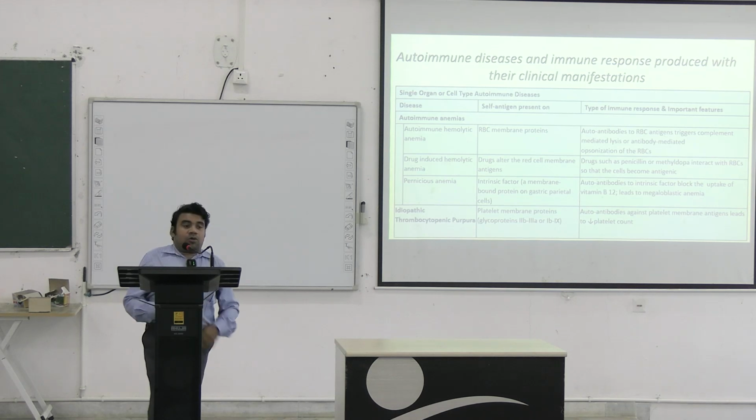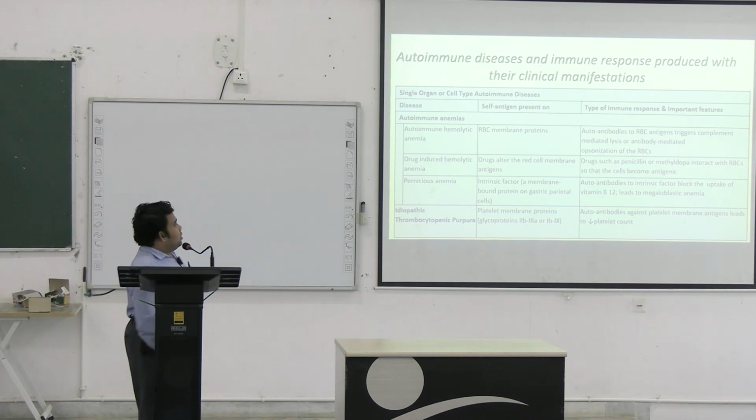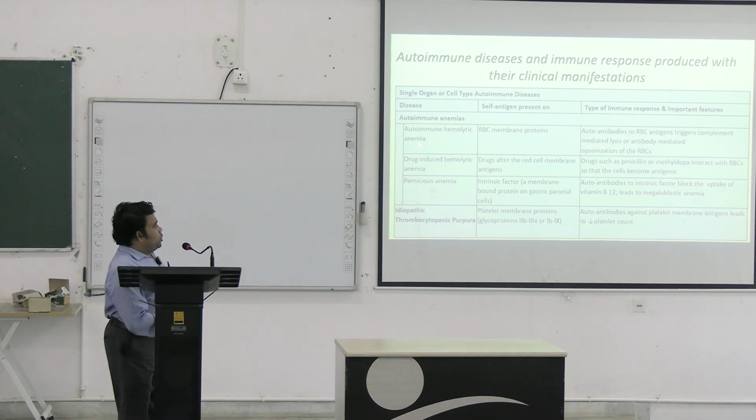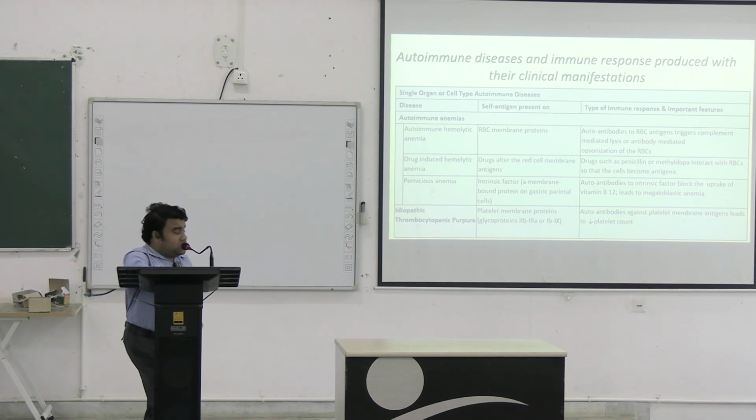Now, let us look at the common autoimmune diseases. First type of autoimmune diseases are like autoimmune hemolytic anemia, in which the self antigen is present on RBC membranes. This will lead to autoantibodies acting on the RBCs and lead to destruction of RBCs causing hemolysis.